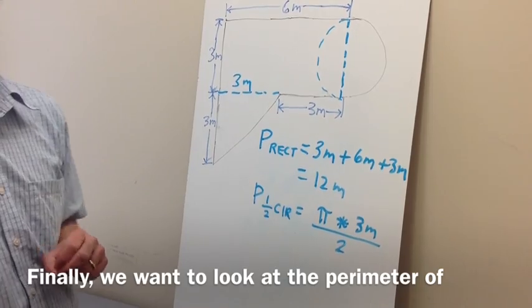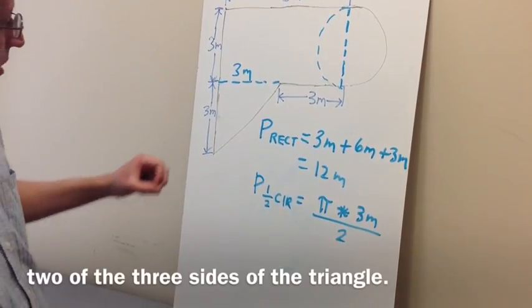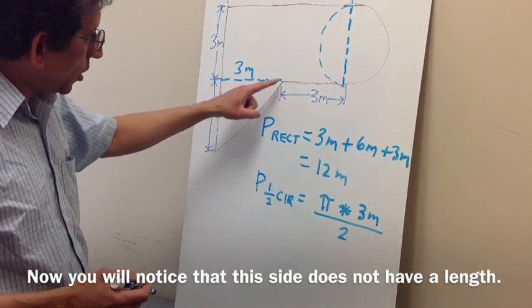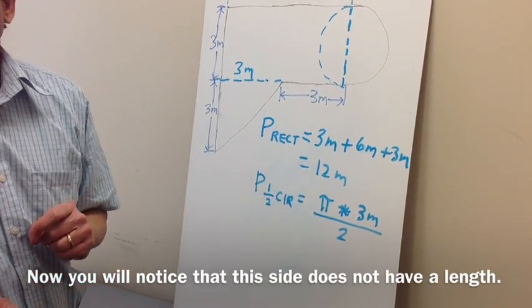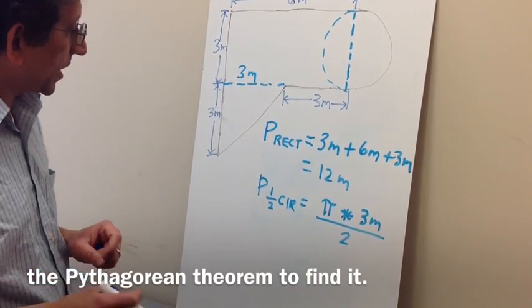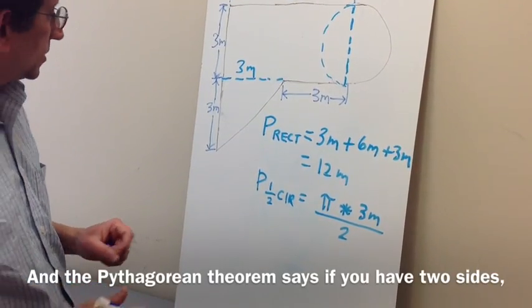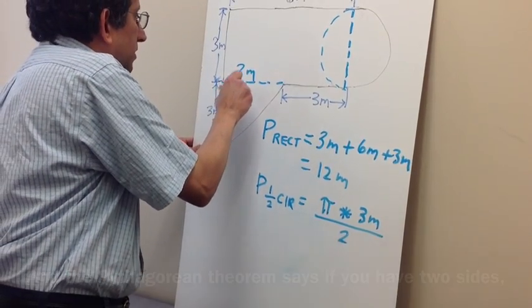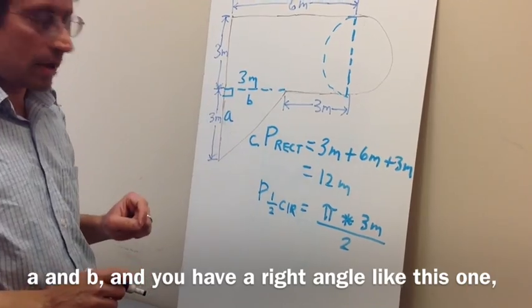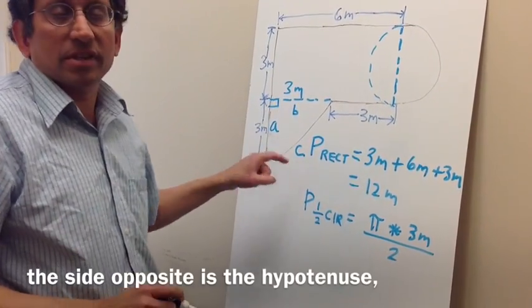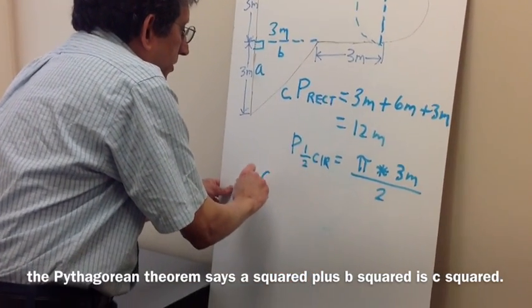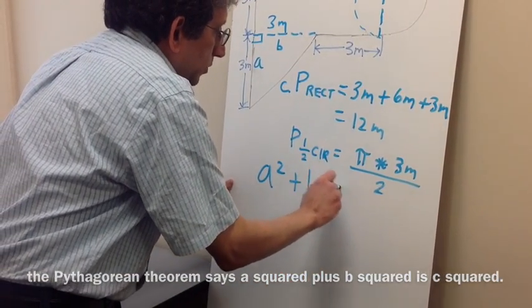Finally, we want to look at the perimeter of 2 of the 3 sides of the triangle. Now, you will notice that this side does not have a length, but that's okay because you can use the Pythagorean theorem to find that. The Pythagorean theorem says if you have 2 sides, A and B, and you have a right angle like this one, the side opposite is the hypotenuse, we'll call it side C, then A squared plus B squared is C squared.